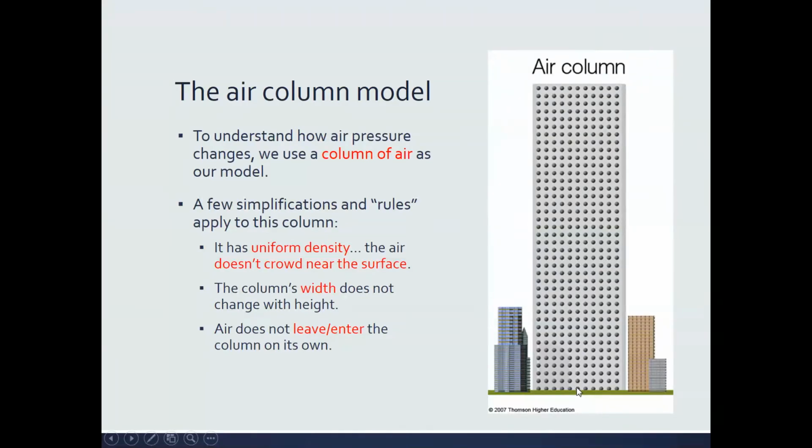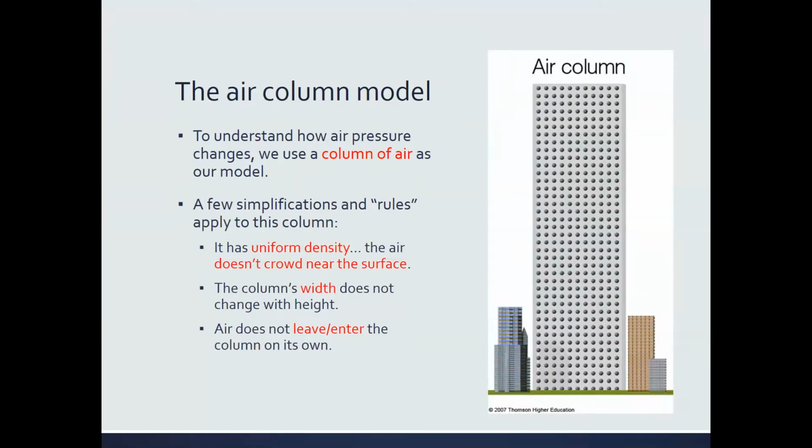One of the reasons why air pressure decreases with height is the higher up you go into the atmosphere, the fewer of these air molecules you have above you. The fewer rows of these air molecules you have above you. So that's a good way of thinking about how air pressure decreases with height.